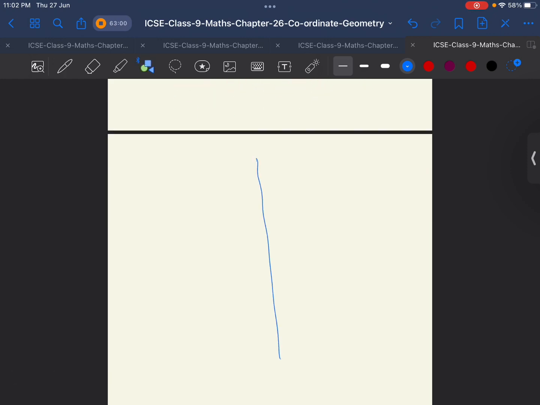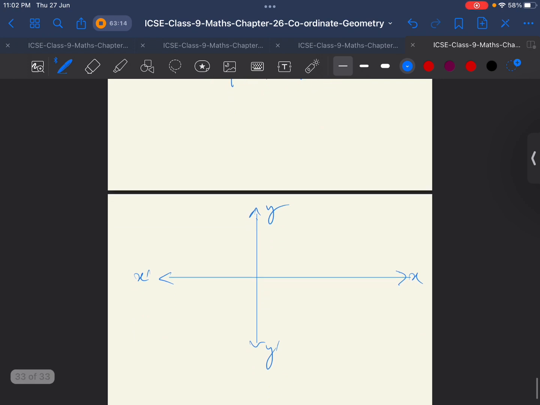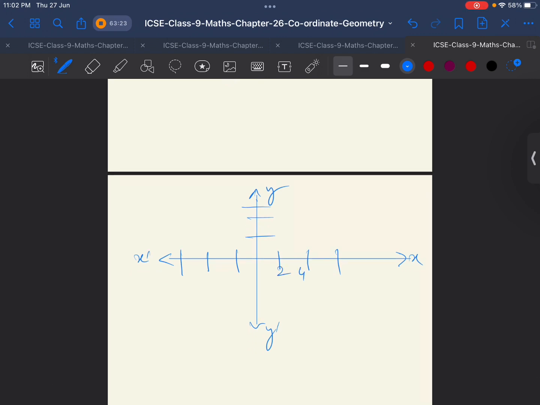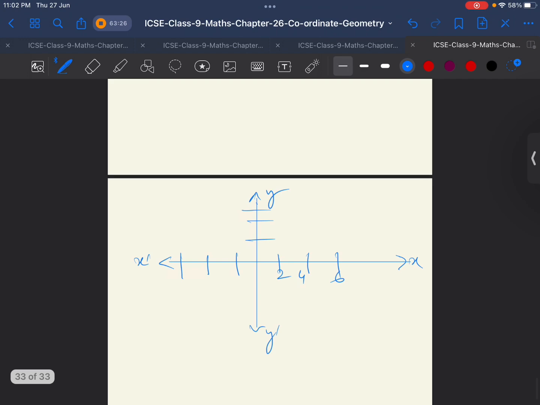Now we draw a graph. So this is the graph, and this is x and x dash, y and y dash, okay. 4, 0, 2, 4, 6, 8, 10, 12.